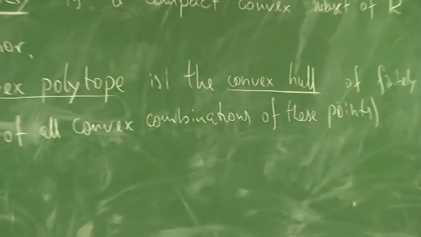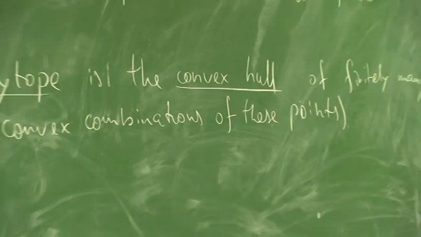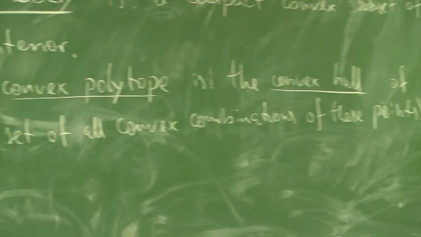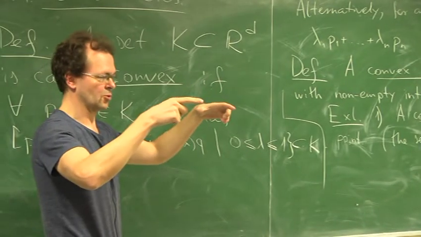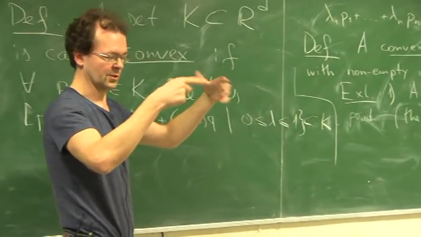Okay, so that's easy to imagine. Just take, for example, 4 points in the space, and that will give you a tetrahedron. Or take the vertices of the cube, then the convex hull is the cube itself.